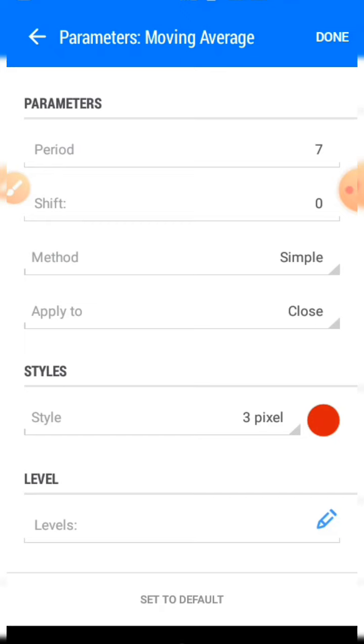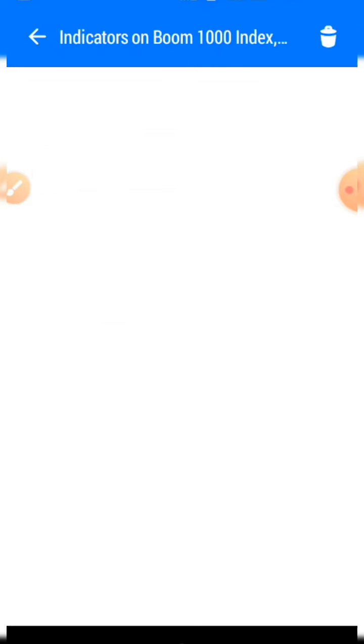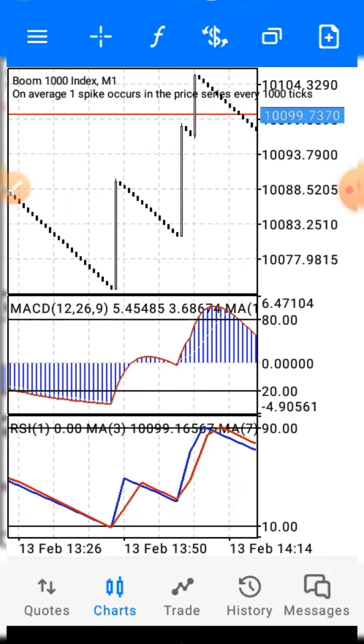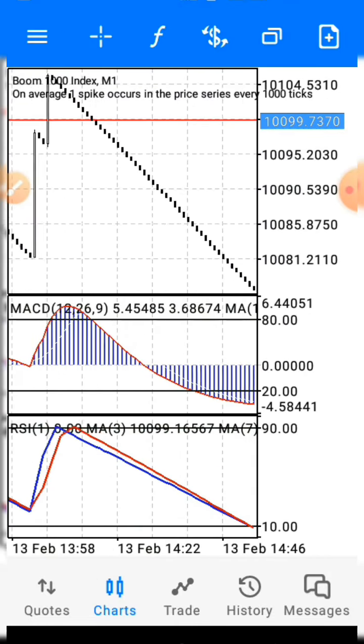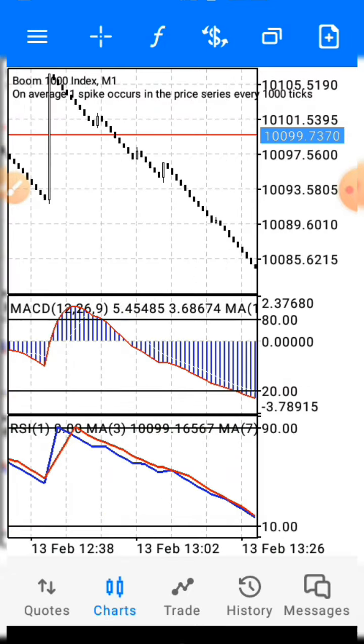On that style we have 3 pixel, and you make the color red. That's how simple it is. You click on done, then you go back, and you have a screen like this. So this is how the strategy is. You already know how it works. That's everything for the strategy.